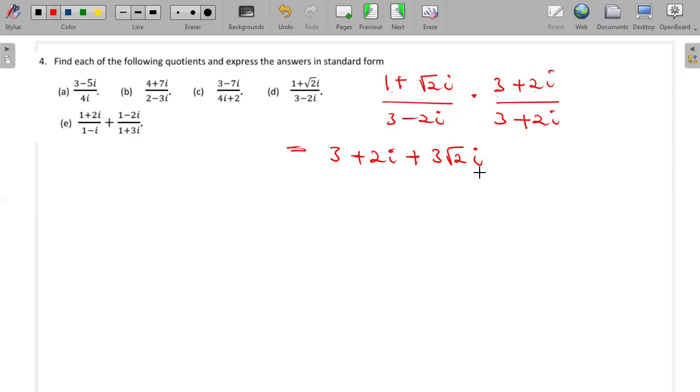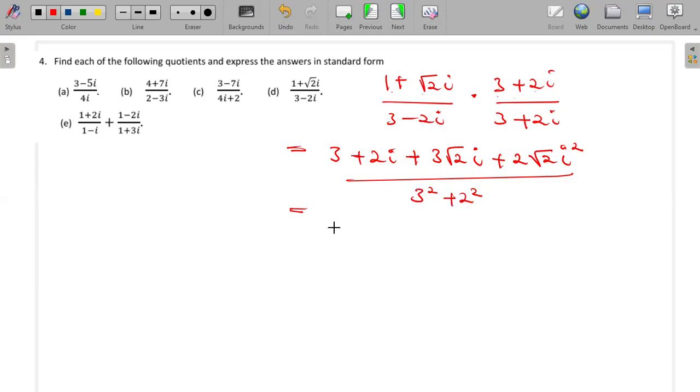Then you multiply root 2 by 2i, that would be plus 2 root 2 i squared. Okay. So then from there, over here you have 3 squared plus 2 squared.